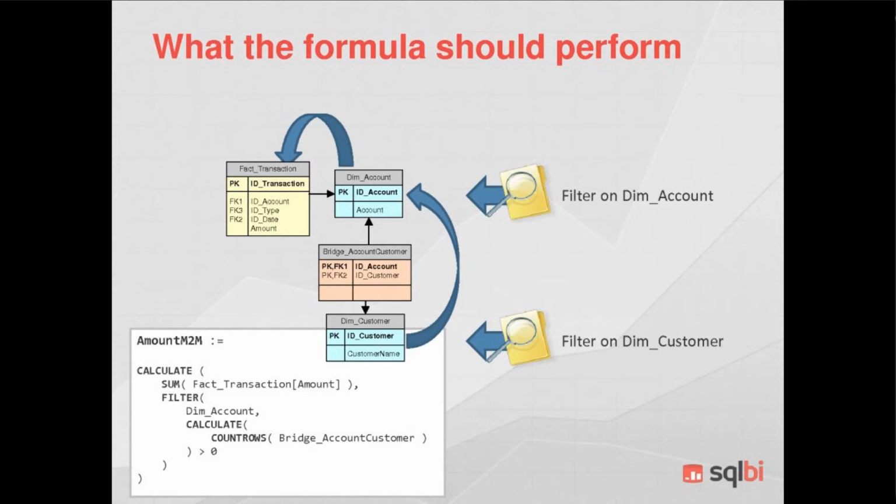Take the filter from here and put it there, knowing that when we have a filter on dim account, applying this filter to the data model will automatically filter the fact transaction table. So we do not need to worry about this step. All we need to do is this step. Okay? Say yes, move your head, thanks.